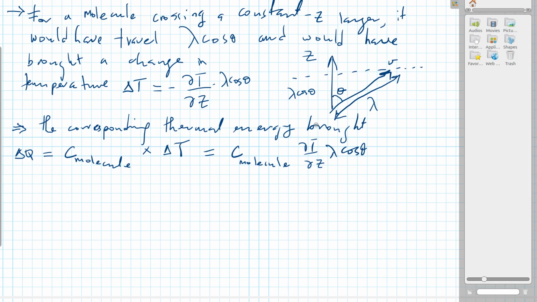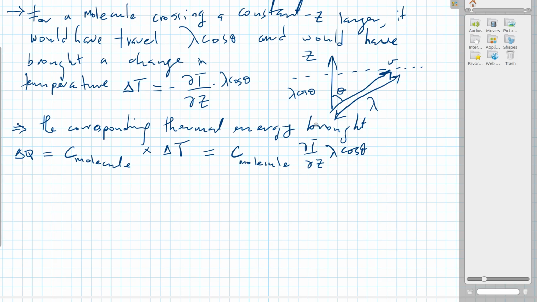With this picture we're talking of one molecule crossing some layer at constant z per unit time, per unit area, and we can integrate over the velocities and the different directions for all molecules randomly crossing the area under consideration.